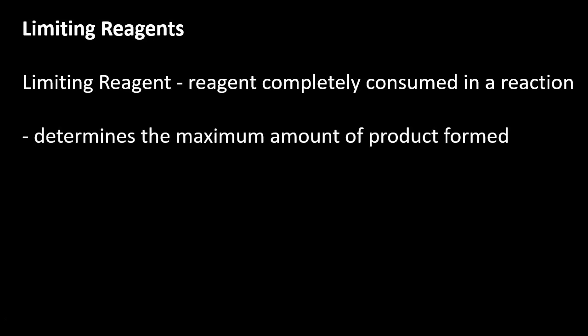So the limiting reagent is the one that is completely used up in a reaction. The one that's in excess is the one that's left over after the reaction stops, because when we run out of the one, everything kind of comes to a grinding halt. The limiting reagent is the one that determines the amount of product that you're going to get.